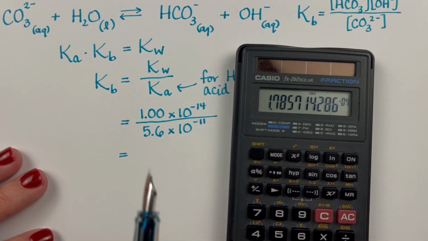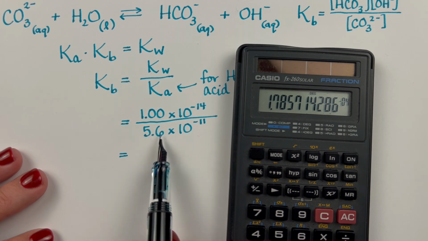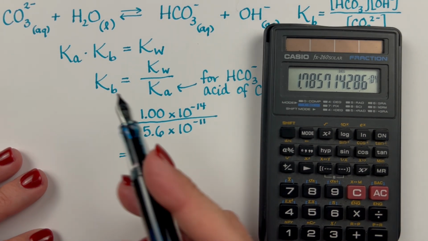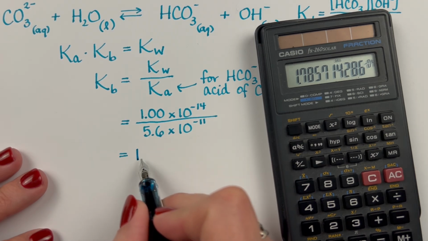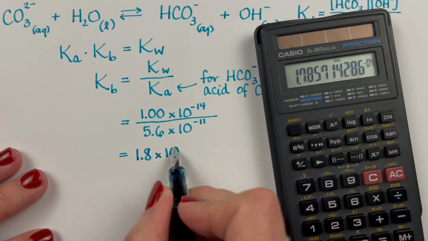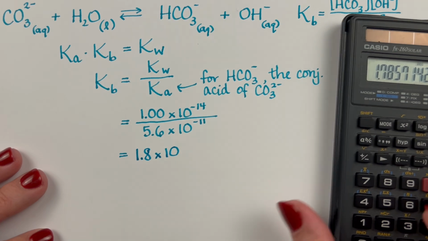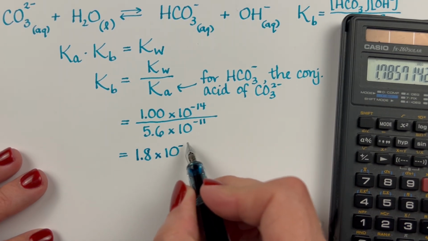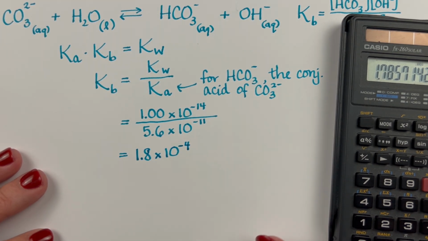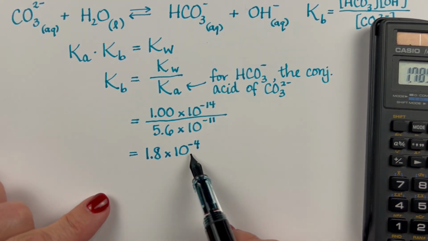Now, how many significant figures do we get? We only get 2 here. Alright, so 1.8 times 10 to the minus 4. Okay, so there is our Kb for carbonate.